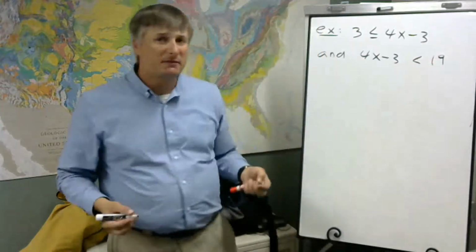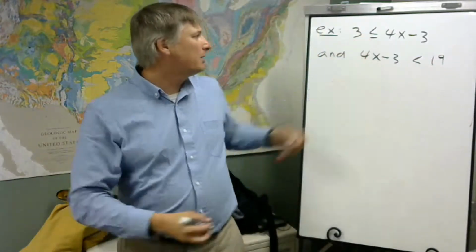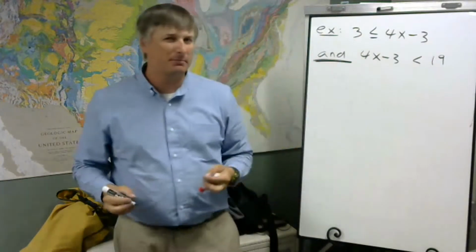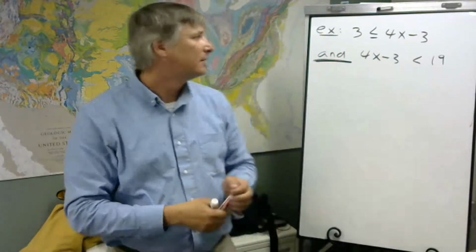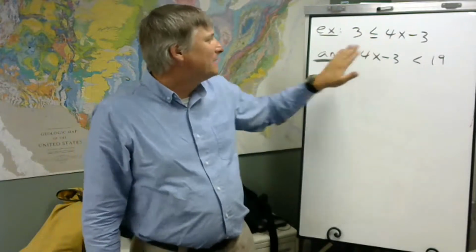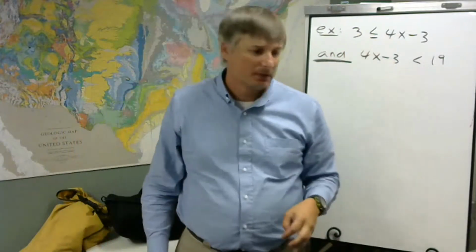It could be given to you as two inequalities with an "and." The "and" has to be there. What it's saying is this has to be true, and this has to be true.